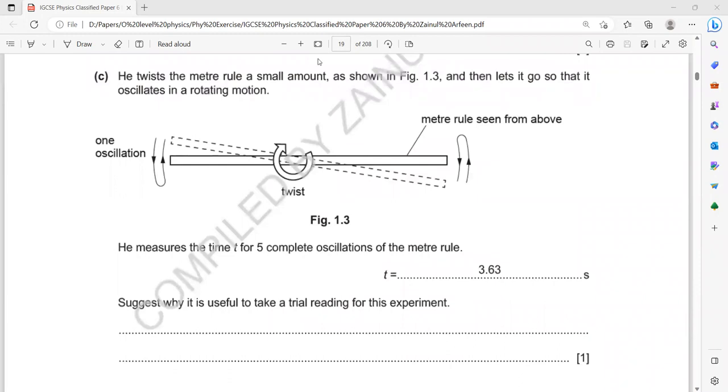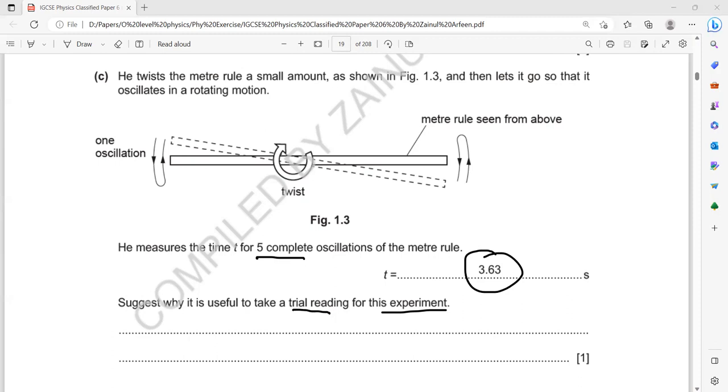The student measures the time for 5 oscillations. It was 3.63. Suggest why it will be useful to take a trial reading for this experiment. Trial reading means we should do the experiment one time to have an idea.